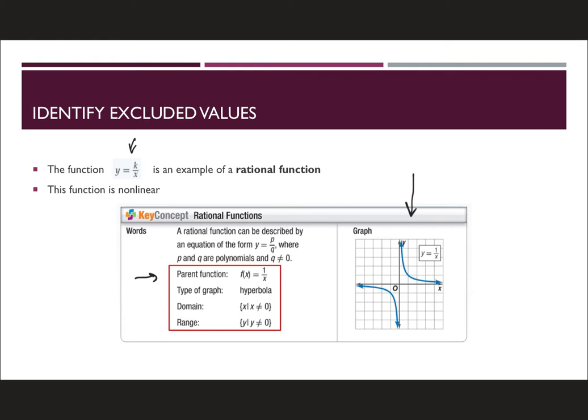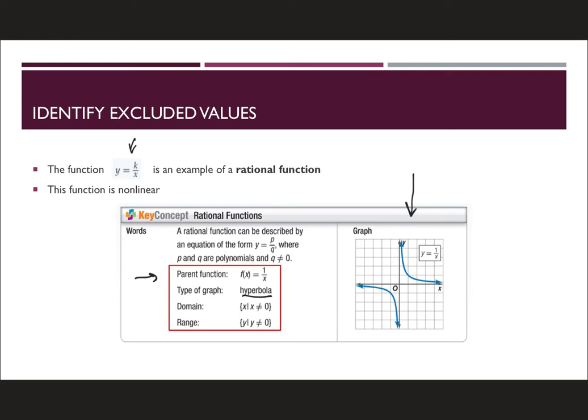Next, the type of graph is called a hyperbola. I mentioned that in the last video. Hyperbola is just the name of this type of curve. Okay, linear graphs, graph as lines. Quadratic equations, graph as parabolas. And rational functions, graph as hyperbola. Okay?